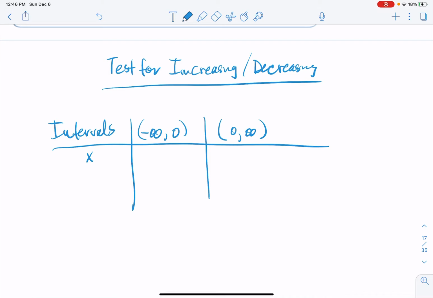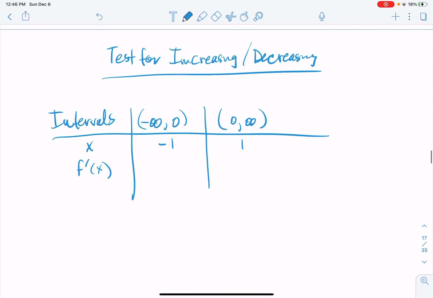And speaking of tests, we need to find some x values in each of these. Pick something super easy like -1 and +1. Where do I put those values? I put them into the first derivative, because we want to see, is the first derivative positive or is it negative in each one of these intervals? Remember that the first derivative is equal to 3x squared.